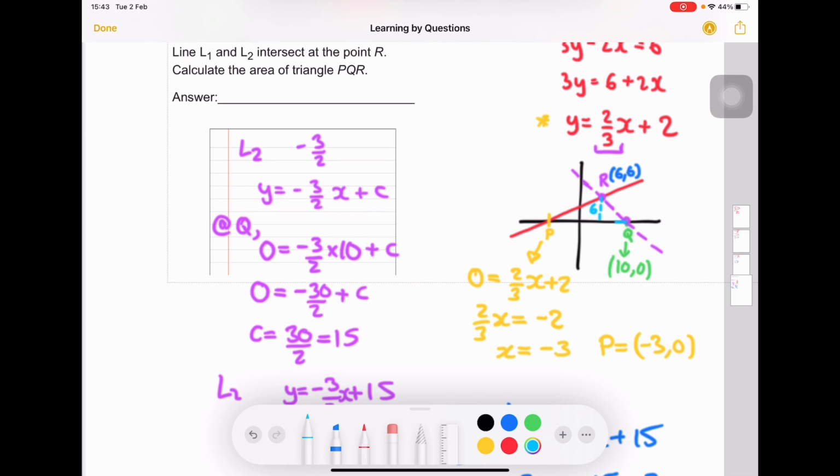The base of this triangle, it goes from 10 to negative 3, so it's going to be 13. So area of triangle PQR is 1/2 times 6 times 13, which is 3 multiplied by 13, which is 39 squared units.